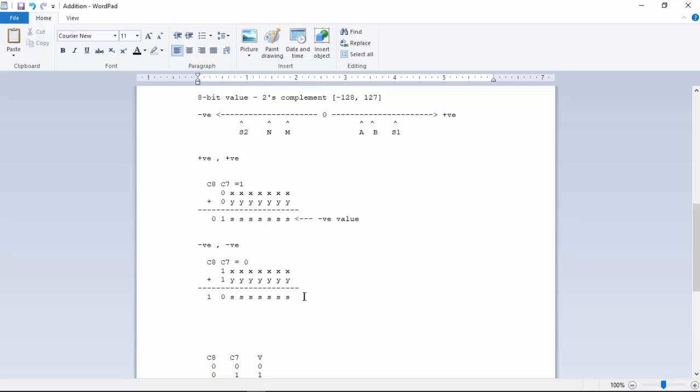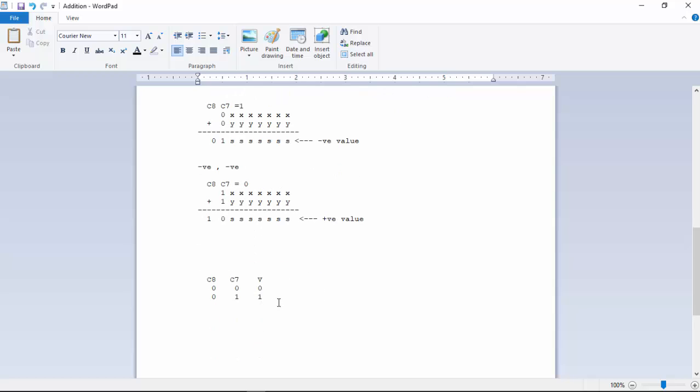So this is a positive number by 2's complement representation, and definitely it is wrong because two negative numbers added cannot give me a positive number, right? So for the negative situation, C8 is always 1, and if C7 is 0 it's an overflow, and if C7 is 1, it's not an overflow.